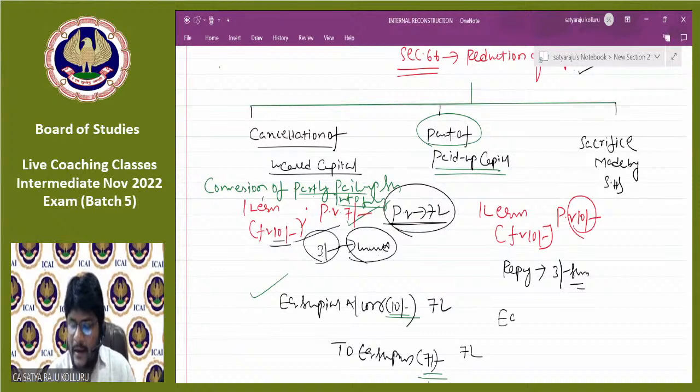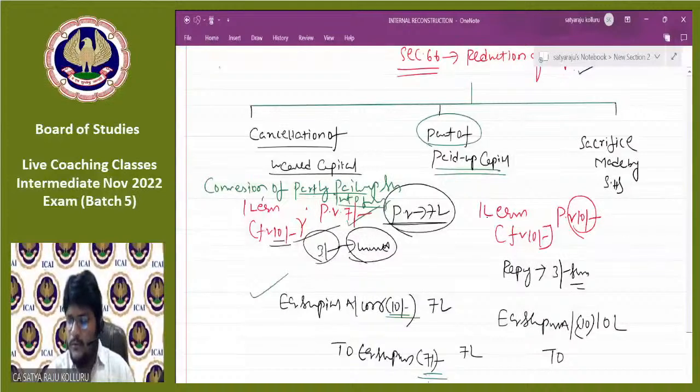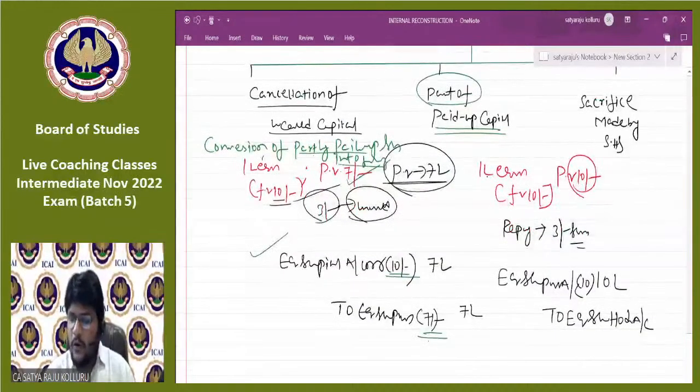Now, again, the entry is equity share capital account debit. First, you need to cancel 1 lakh into 10, which is 10 lakhs. The face value is 10 rupees per share. To equity shareholders account, how much do I need to repay? 1 lakh into 3 rupees, which is 3 lakhs.